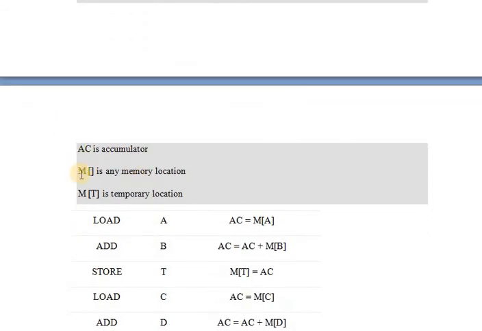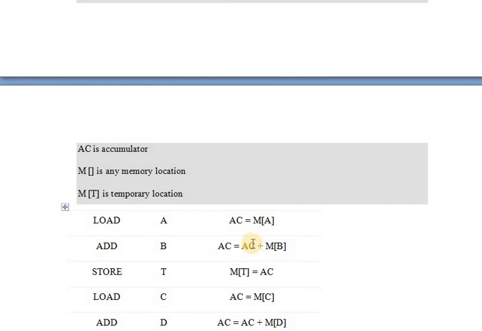The same expression we are going to see here. AC is the accumulator, M of square bracket is a memory location, M of T is a temporary location. So see here, load A: AC equals M of A, that is assigned to the accumulator. Next add B: AC plus M of B. That means M of A is already assigned to AC.